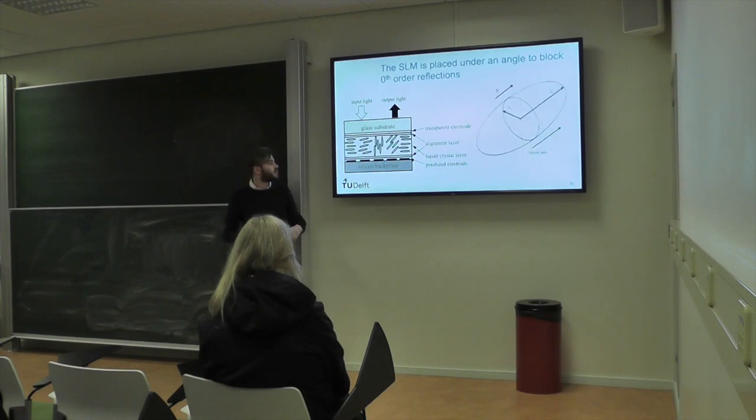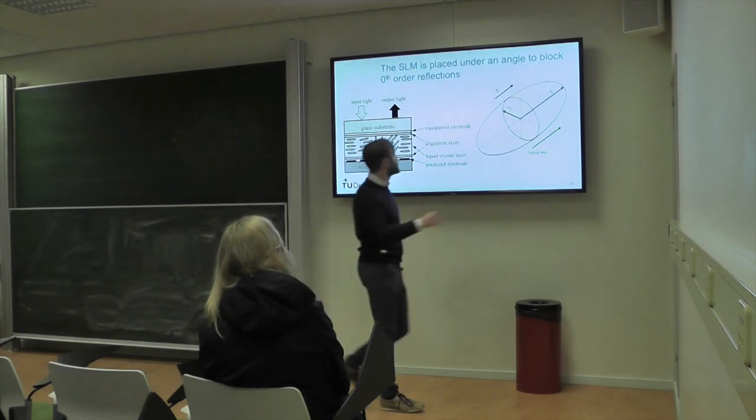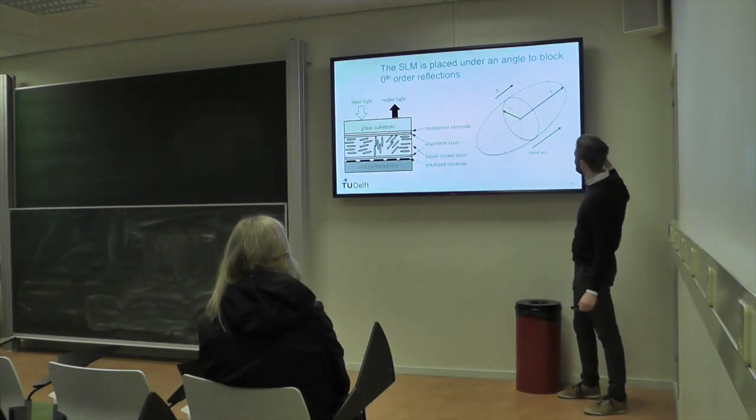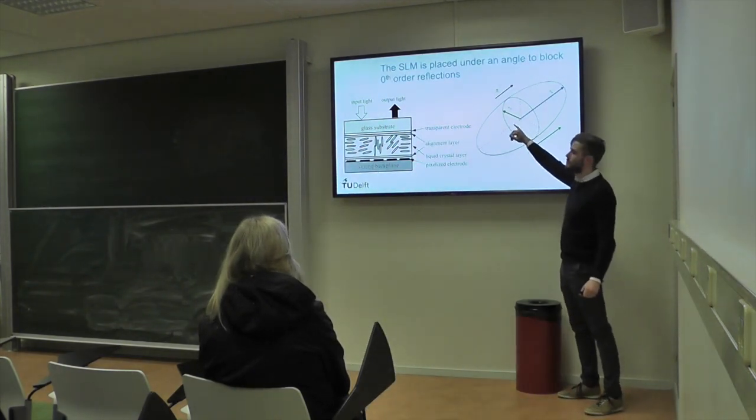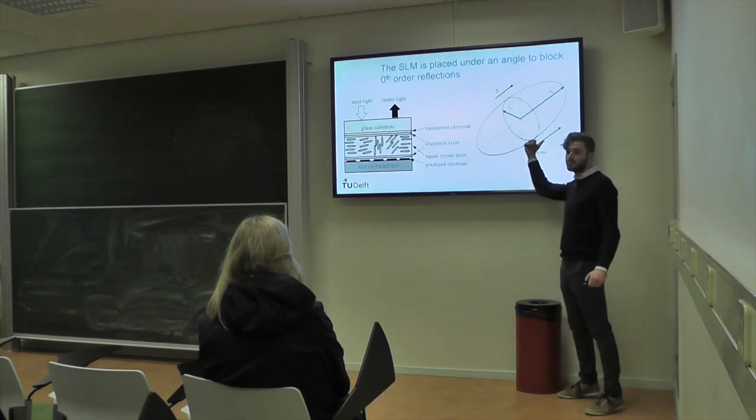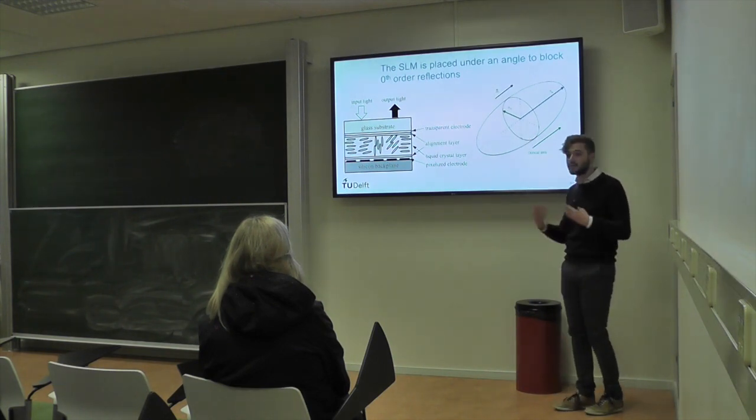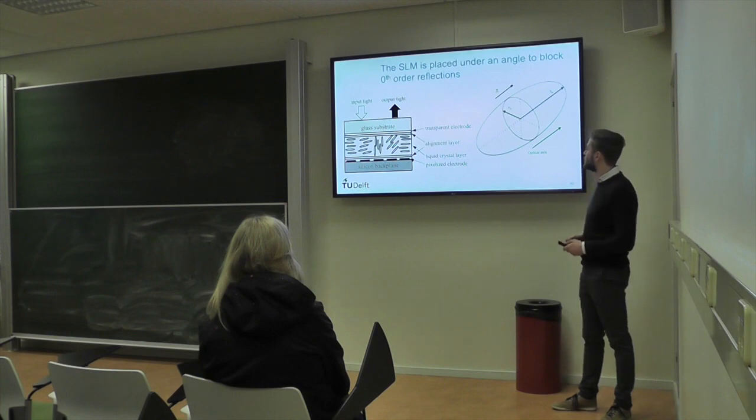The alignment of the liquid crystals determines the phase difference, or the optical path difference that the light goes through, because they are a birefringent material where if the light shines through from one direction, it sees a different refractive index than from another direction. So in that way we can accurately add these aberrations.